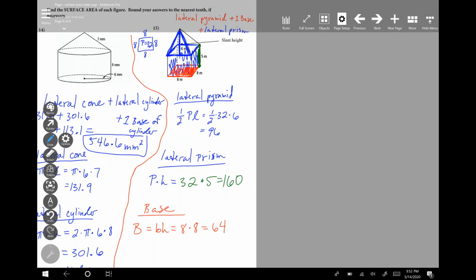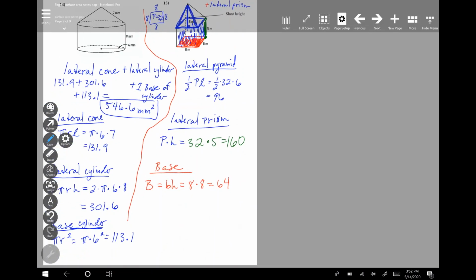All right, and then now what we need to do is just add these together, and that will give us the total surface area for this combined shape. So you have 96 plus 160 plus 64, and we get 320. So it's 320 meters squared.